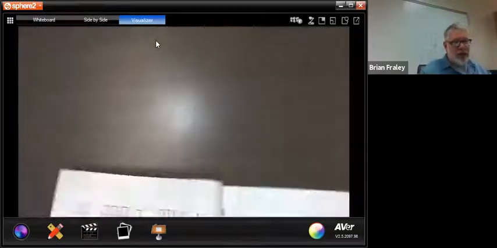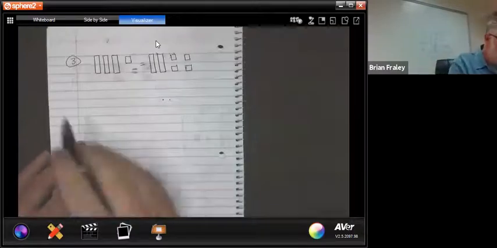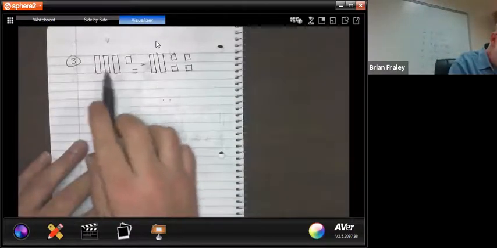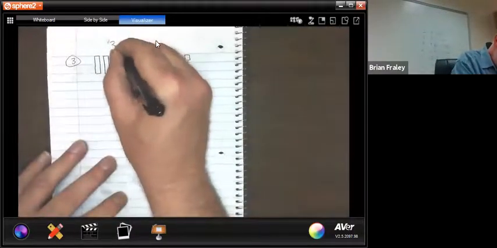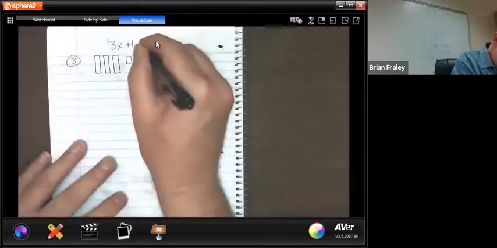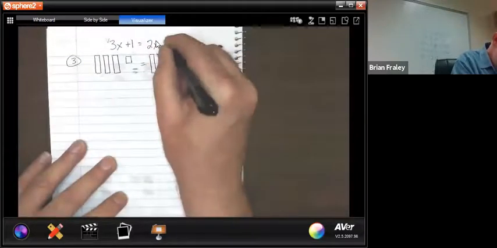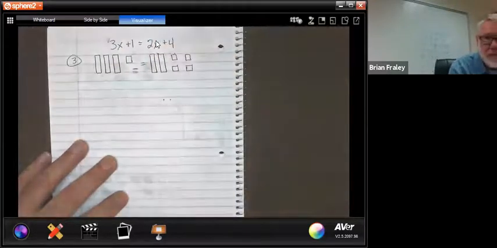Last problem, then you guys are going to do some by yourself. So this one's a little different. When we translate it, we'll figure out that over here we've got 3 positive x's plus 1 single. Here we've got 2 positive x's plus 4 singles.